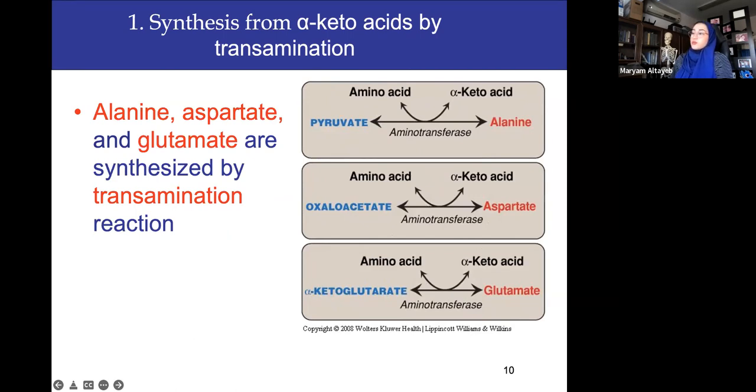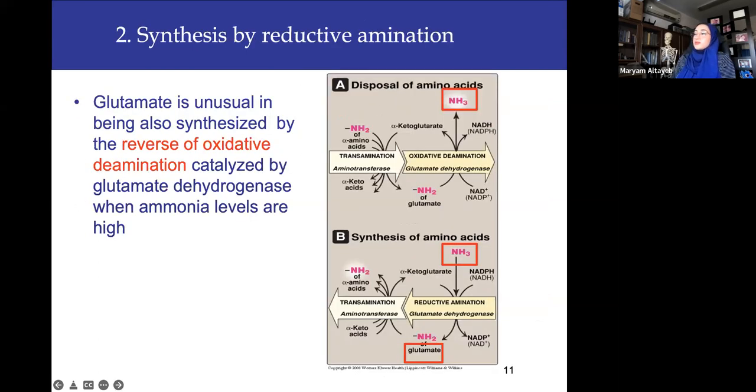Where this reaction is from? It's fine. But I'll wait for you guys to answer that later. So these are transamination reactions. You're just converting an amino group from one to the other.